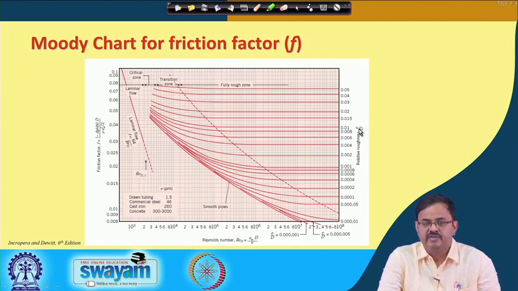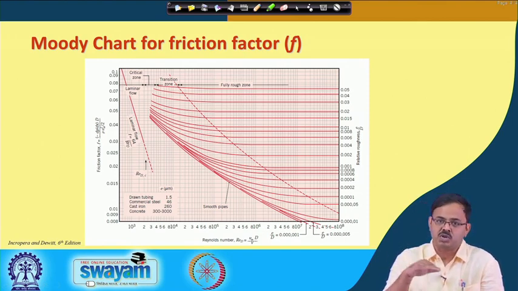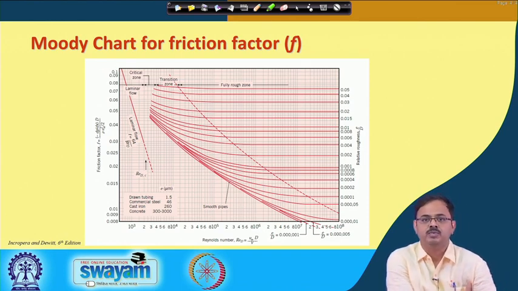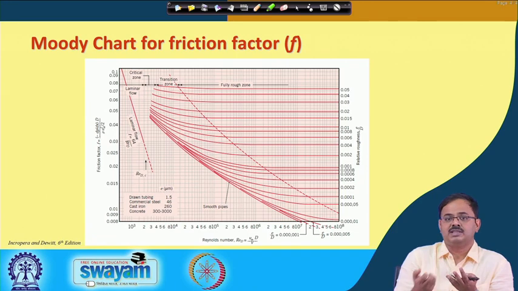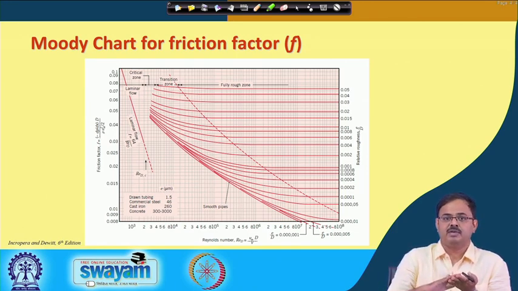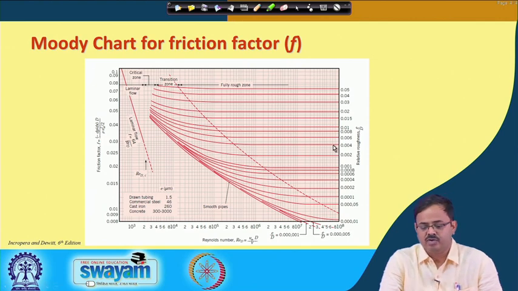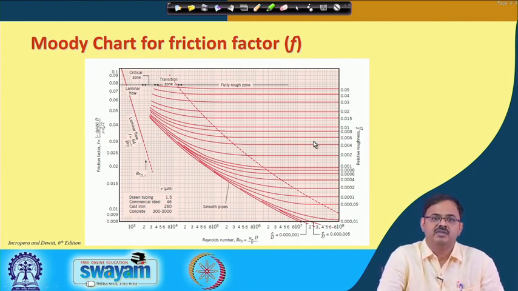If E is the characteristic dimension of the roughness features on the inner surface of this tube or pipe or channel, and D is the diameter, then the friction factor at a given Reynolds number is also going to be a function of E by D. And definitely if the surface roughness is more, because this is frictional loss at the surface, the drag at the surface, therefore the more the surface roughness, the higher is your friction coefficient.